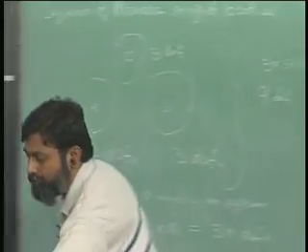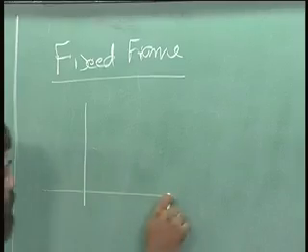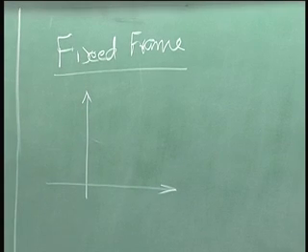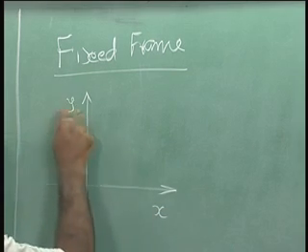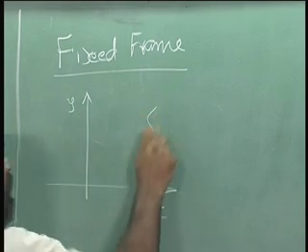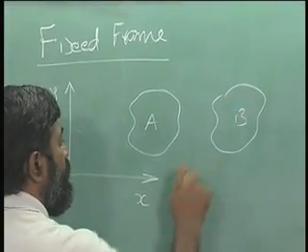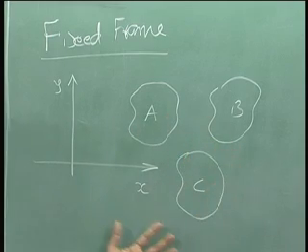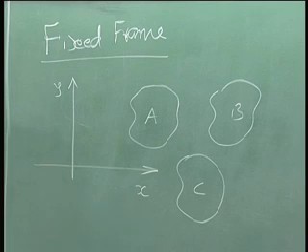So if I have two rigid bodies, I have to introduce the notion of a particular frame with respect to which I will be talking about the motion of the rigid body. Okay. So this is x, this is y. Okay. So I can have a rigid body over here which is A, this is rigid body B, rigid body C, and so on, so that a system of rigid bodies will be there and their motions will be defined with respect to this fixed frame of reference. Alright.